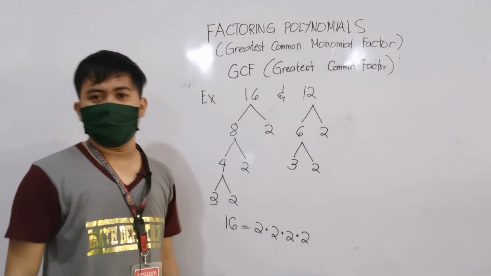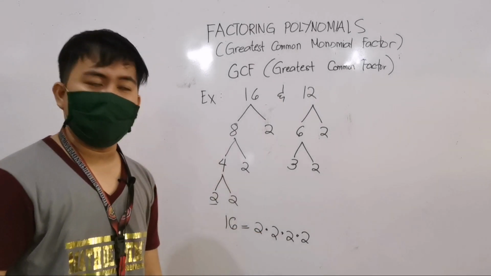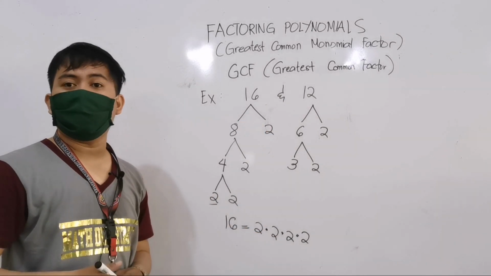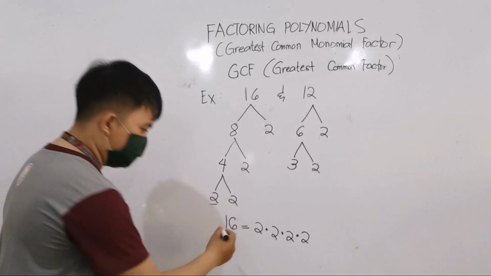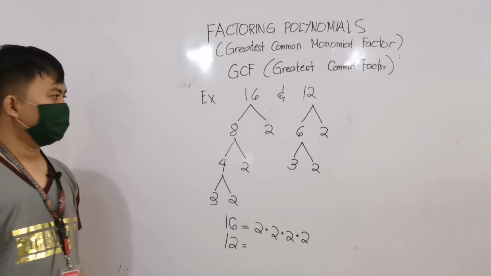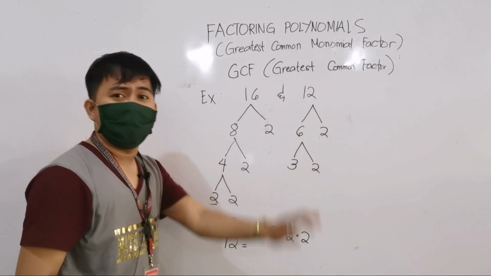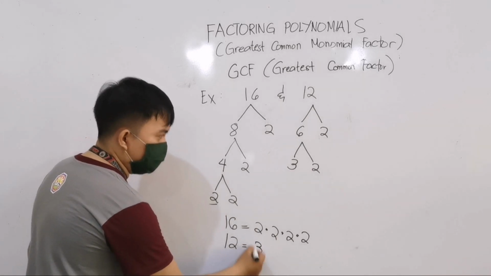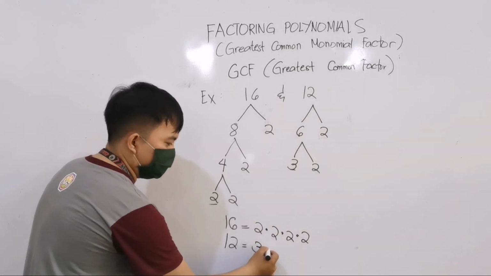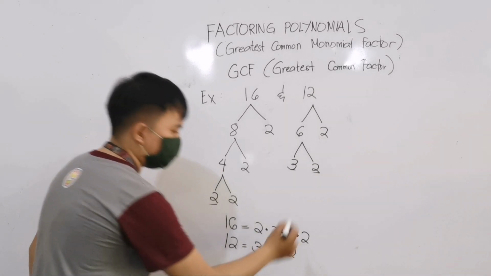So, ano po yung susunod dito? Sinulat po natin yung lahat ng factors ng 16 at isusulat rin po natin ang factors ng 12. Ayan po. So, isusulat natin yung mga numbers na nasa hulihan. So, we have 3 times 2 times 2.